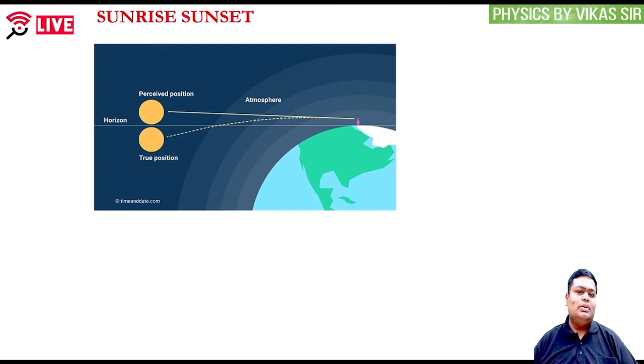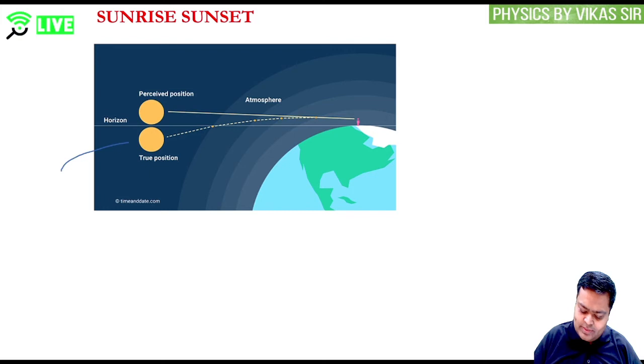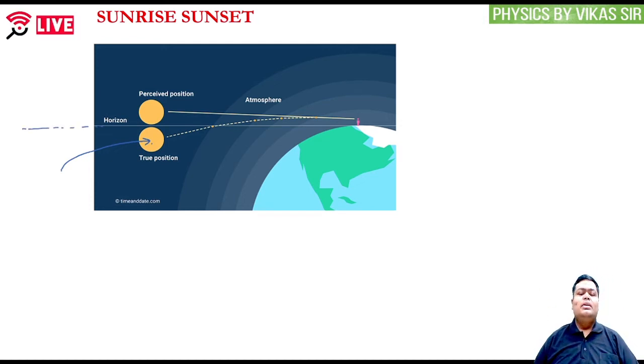Now, as we also know, the layers become thinner in density as the height increases in the atmosphere. So let's look at the position of the sun over here, which is below the horizon level. Horizon level means that somewhere at infinity it seems that the sky is meeting the land.